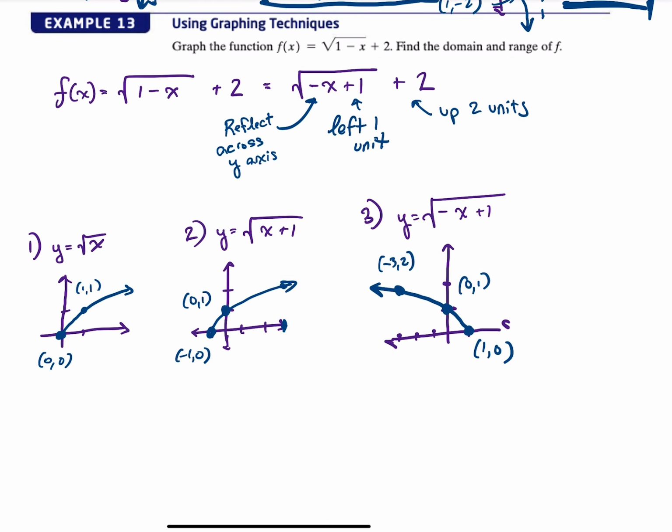And then we just need our vertical shift up. So that will be our fourth piece here. This will be our full function. Square root of 1 minus x, or negative x plus 1, plus 2. So I'm going to add 2 to all of the y coordinates of my previous graph.